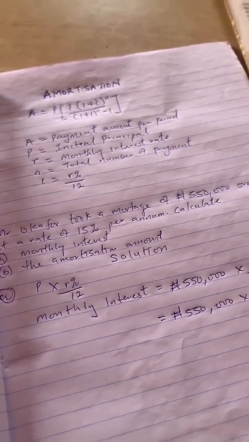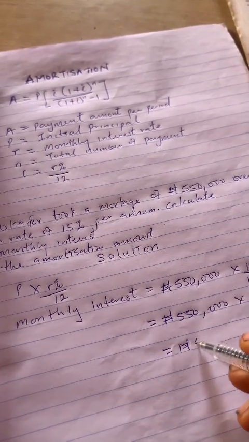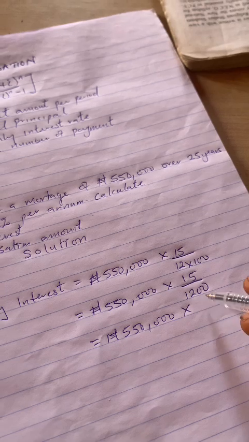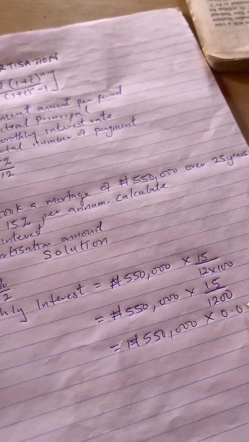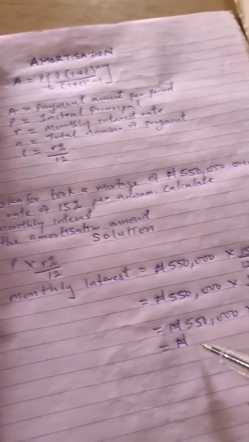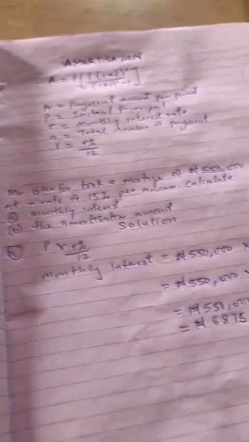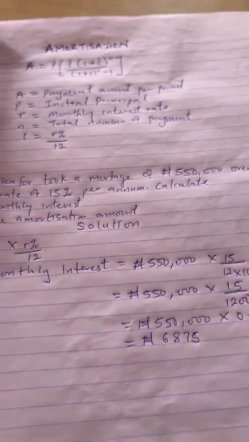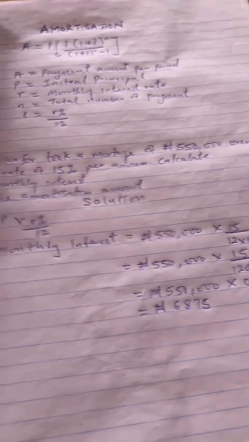So 550,000 times 15 divided by 1200, which will give us 0.0125. When you multiply them together, you will have 6,875. So this is our monthly interest, 6,875. Now let us look at the amortization.